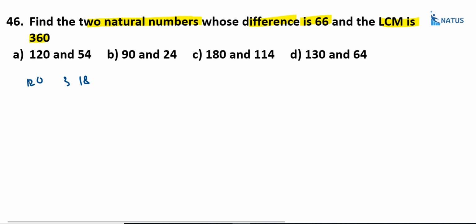And 3 into 1 is 360. That is a factor. If you observe all the factors and find the LCM of these numbers, then you will find the exact answer. If you go through the LCM of all these numbers, option B satisfies the condition.